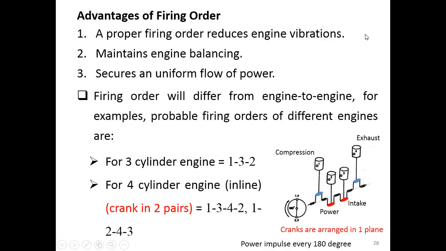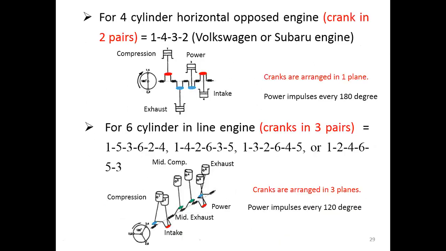So every 180 degrees of the crank rotation, the engine will deliver 1 power. And this is for the 4-cylinder horizontal opposed engine, the boxer type engines.